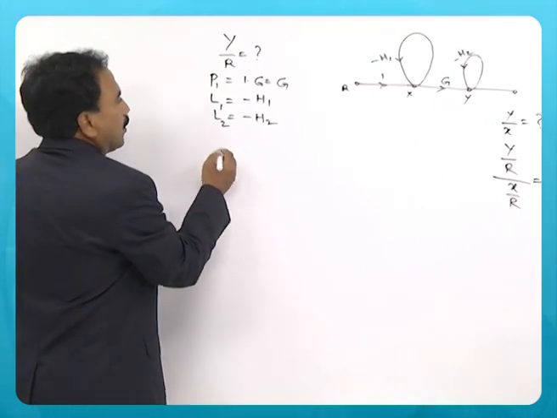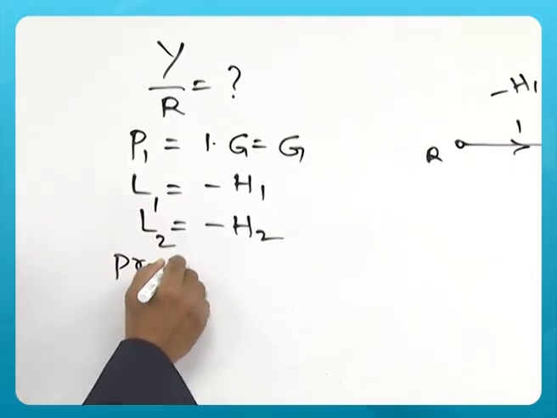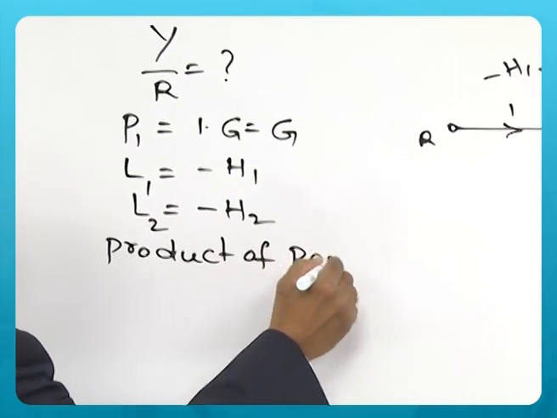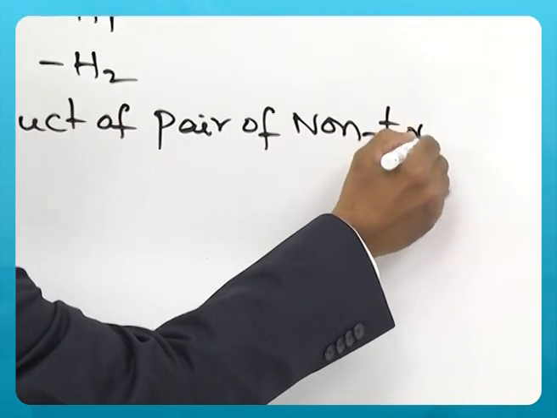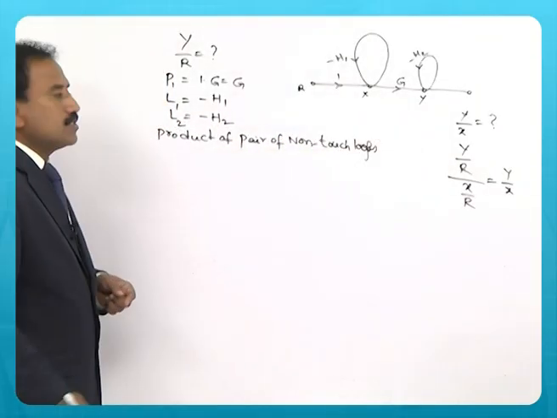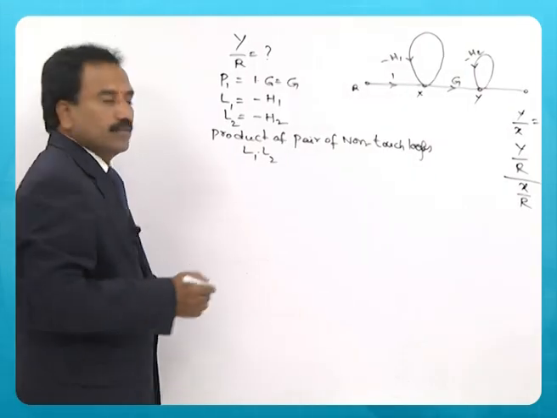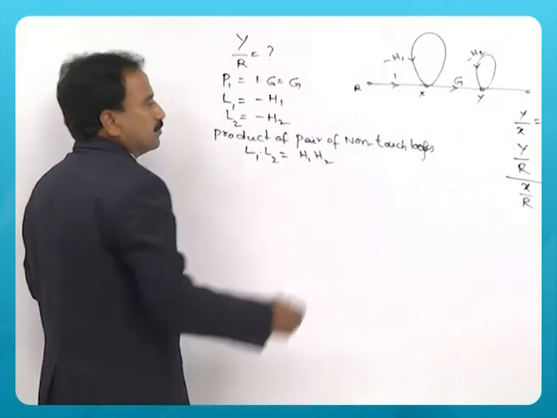So the product of the pair of non-touching loops, that exist only L1 and L2, is given by h1 into h2.